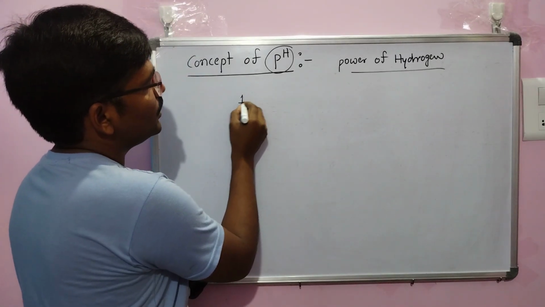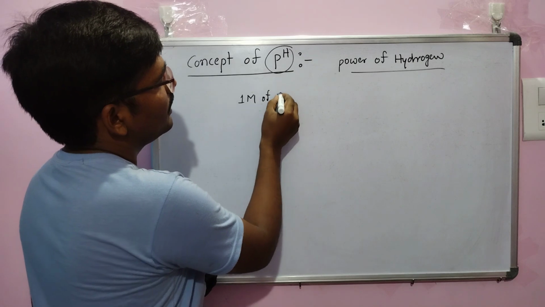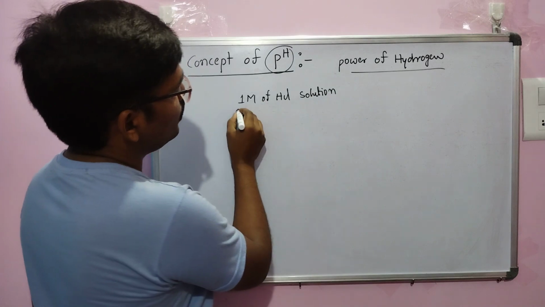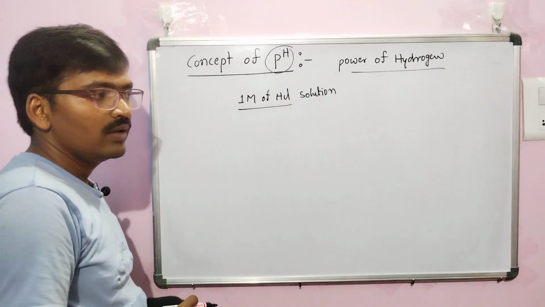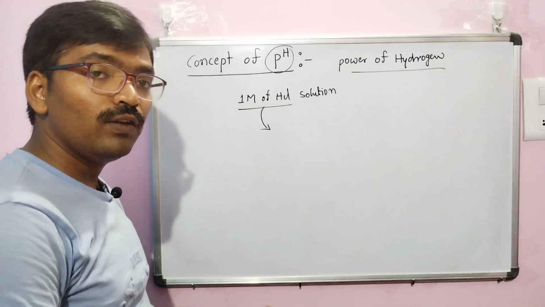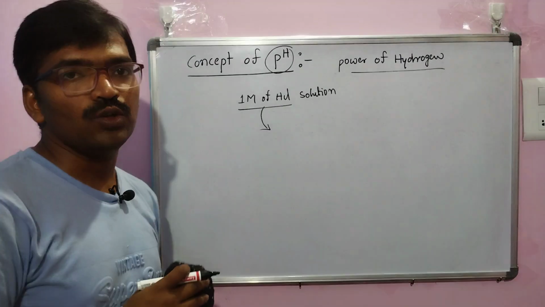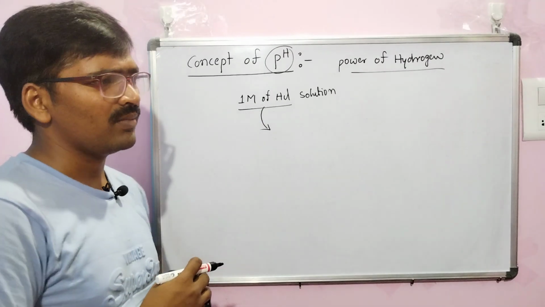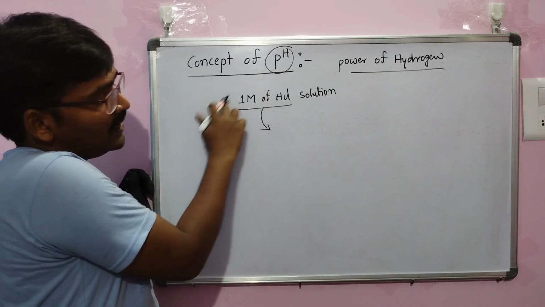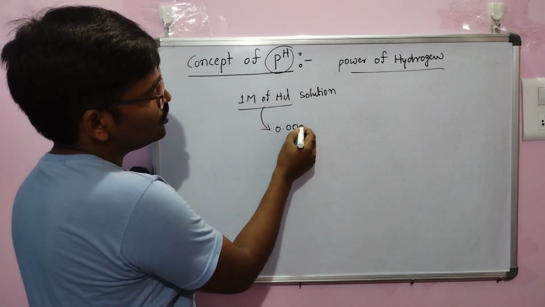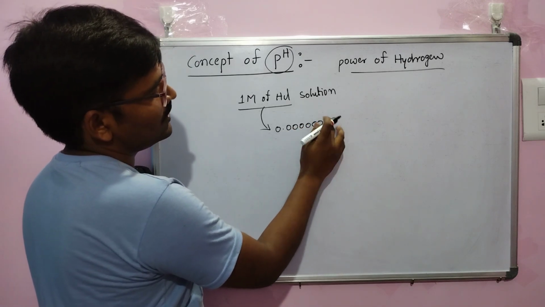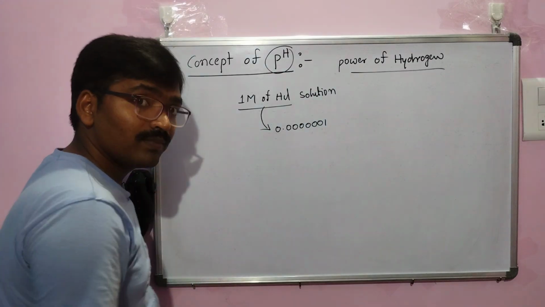For example, if we take a one molarity HCl solution and dilute it, adding a large amount of water, the molarity becomes very small, 0.00000000.